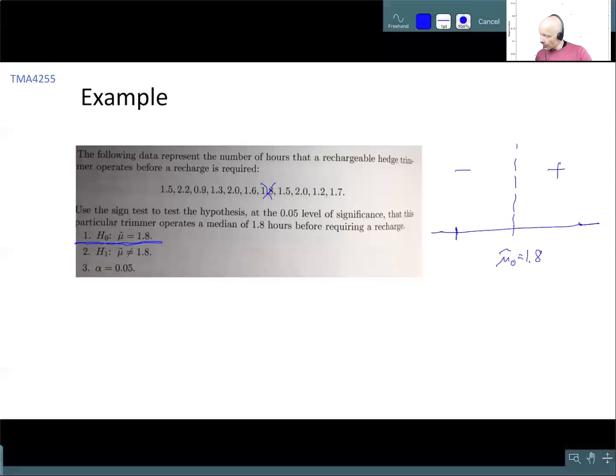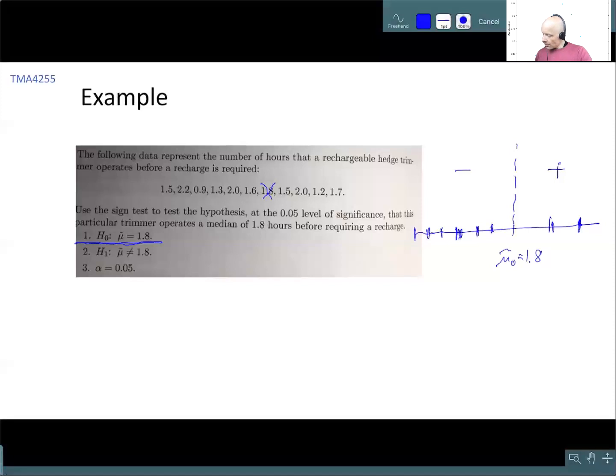And then we go through here. 1.5 is the first one, 2.2, 0.9, 1.3, 2.0, 1.6, 1.5 again, 2.0 again, 1.2, 1.7.